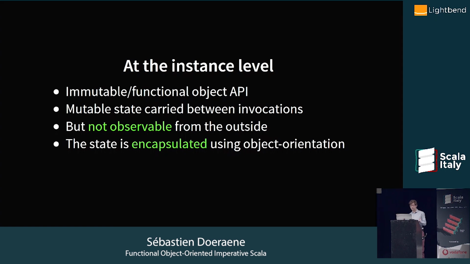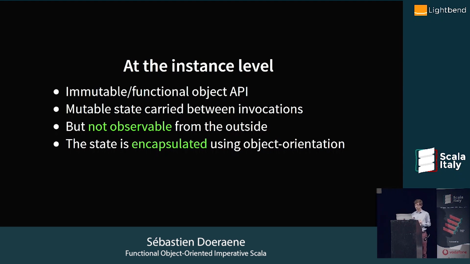So I'll just recap a little bit this concept here. The object, the class, from a contract perspective, is immutable functional. But then inside, I use mutable state, which is not observable from the outside, or at least is not supposed to be observable from the outside. So assuming I don't introduce a bug, it's not observable from the outside.